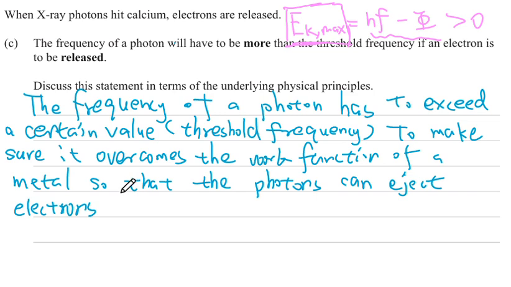Yes, this is kind of the very basic idea of the photoelectric effect, or the beautiful thing about it.